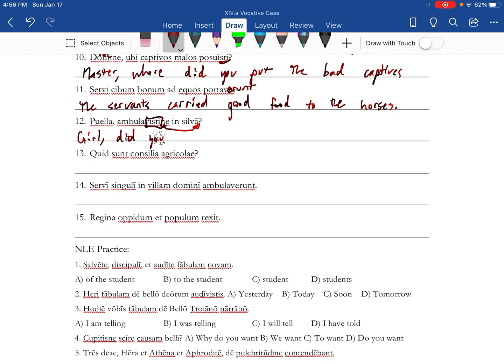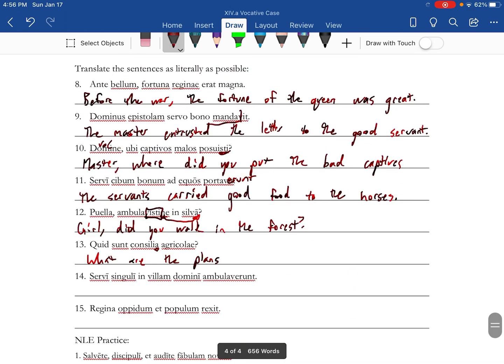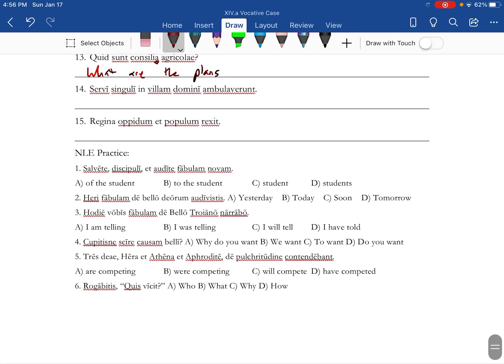Did you walk in the forest? Quid is what? What are the plans? That a is neuter plural. And then of the farmer.